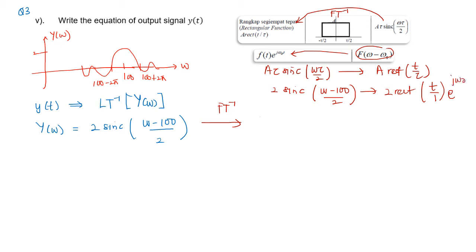Your omega naught in this case is equal to 100, so it's 100t. Therefore your y(t) is equal to 2 rectangular function of t multiplied with e^(j100t).